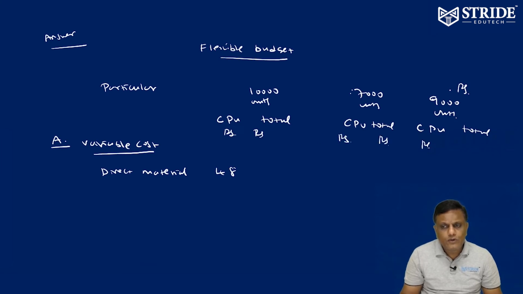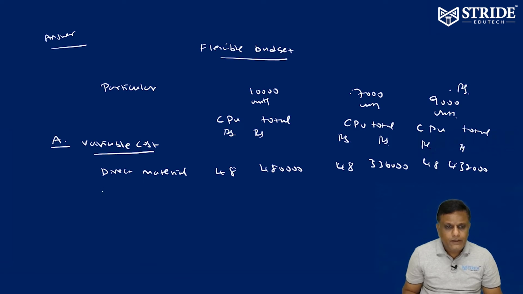So 10,000 into 48, 4,80,000. Here cost per unit 48, 7,000 into 48, 3,36,000. Here 48, 9,000 into 48, 4,32,000.